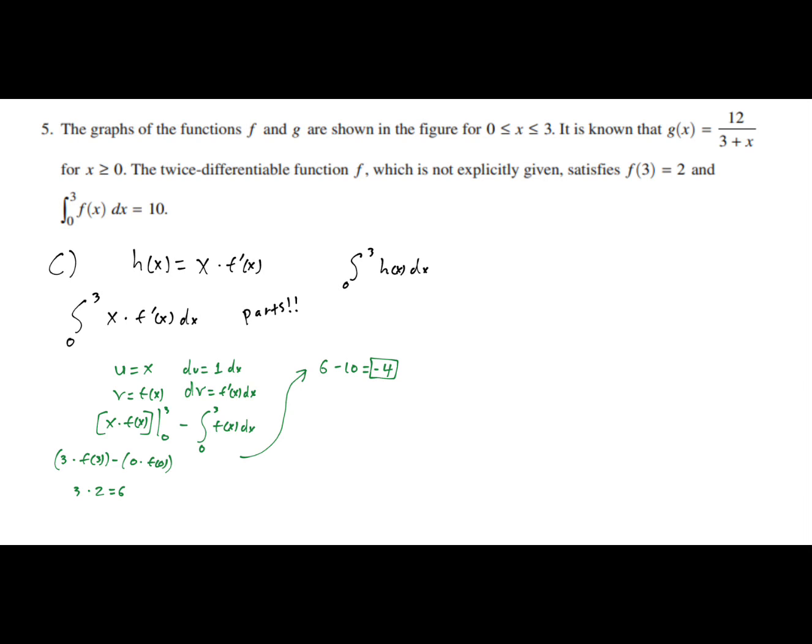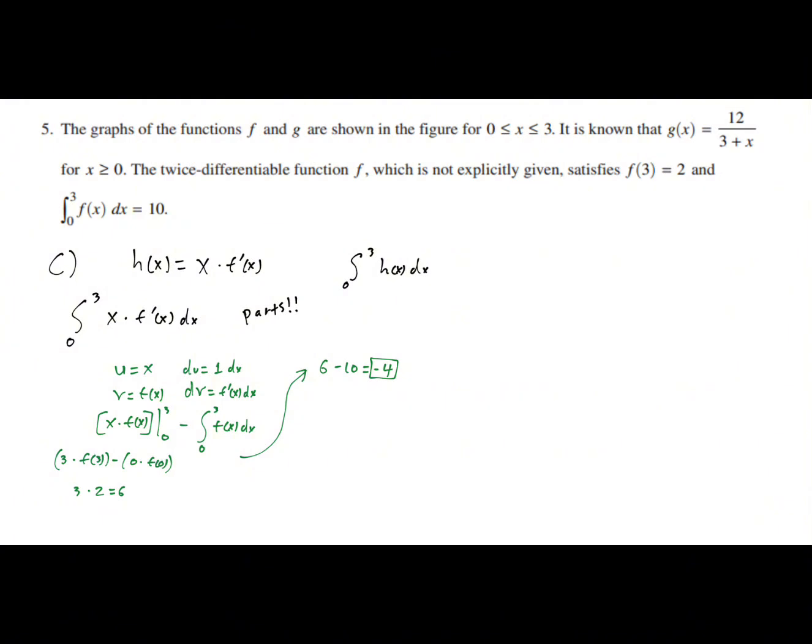Our next step is to remember the formula of parts, which is u times v minus the integral of v du. Plugging that in, our u is x again, so it's x times f of x from 3 and 0, minus the integral from 0 to 3 of f of x dx.